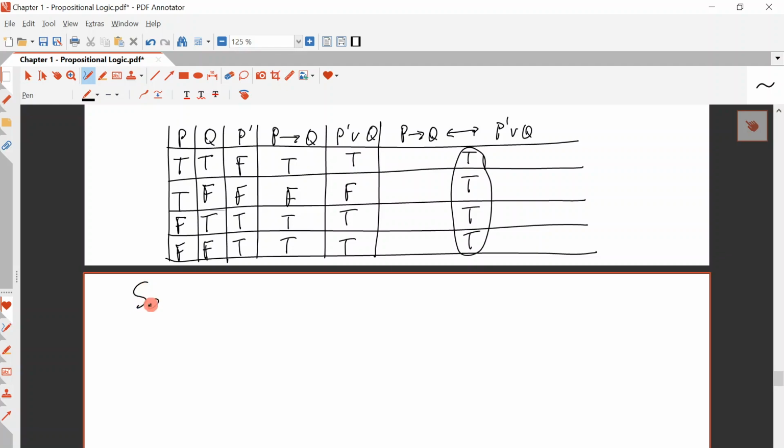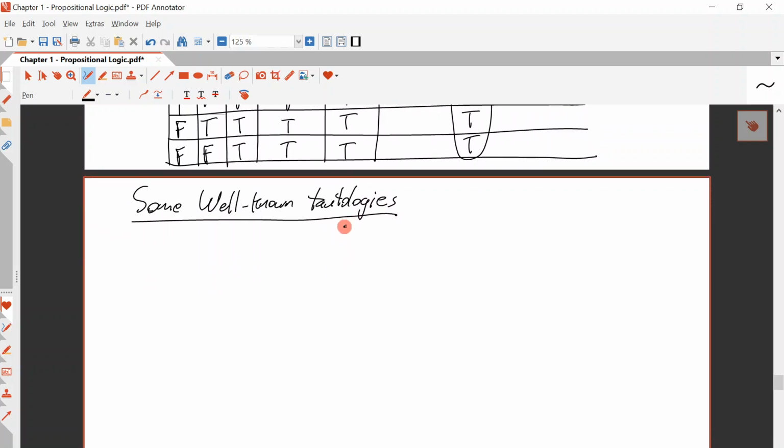Here are some other ones. The one that we just did is called the implication tautology, and that is that P implies Q is equivalent to not P or Q. Another one is contrapositive.